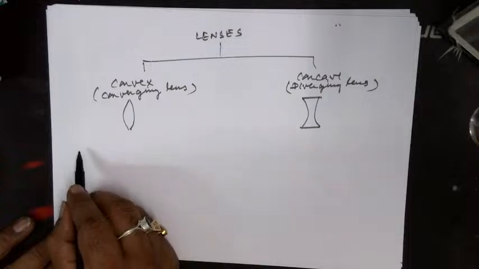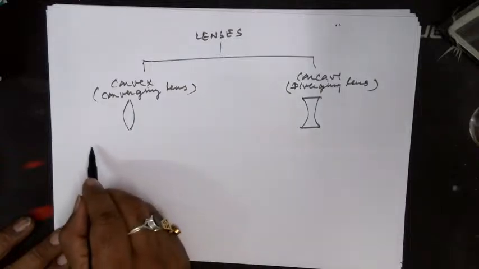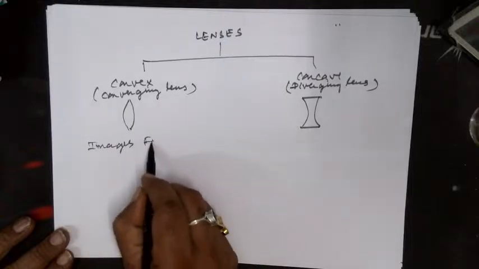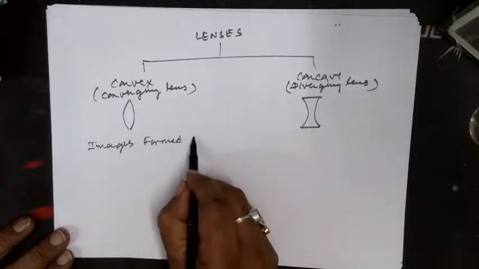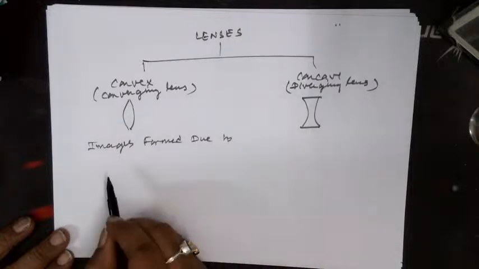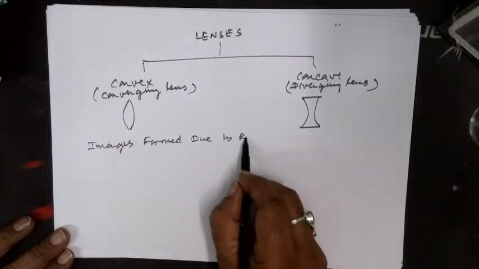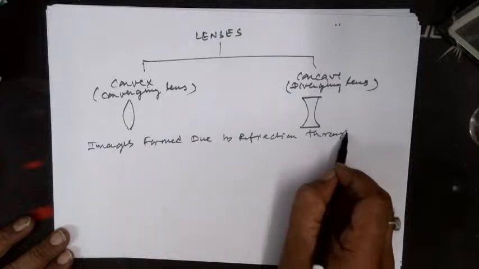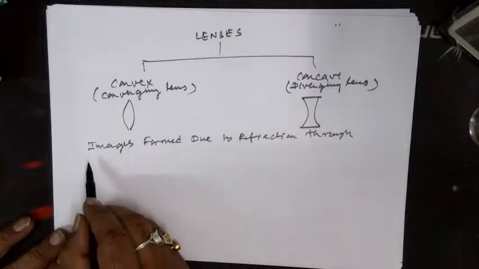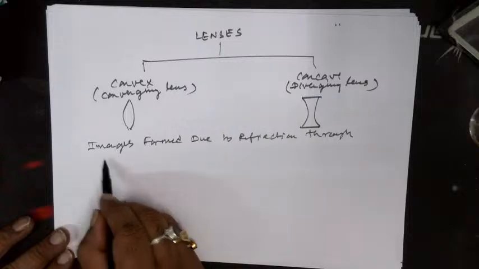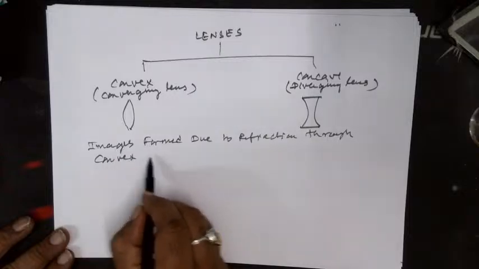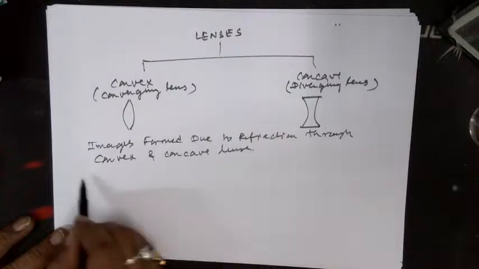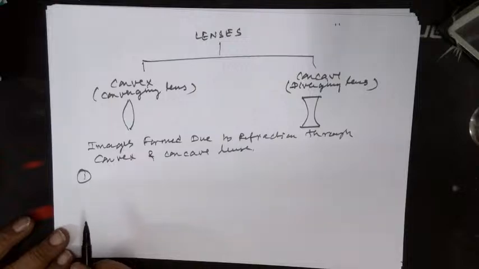Images formed due to refraction through convex and concave lens.